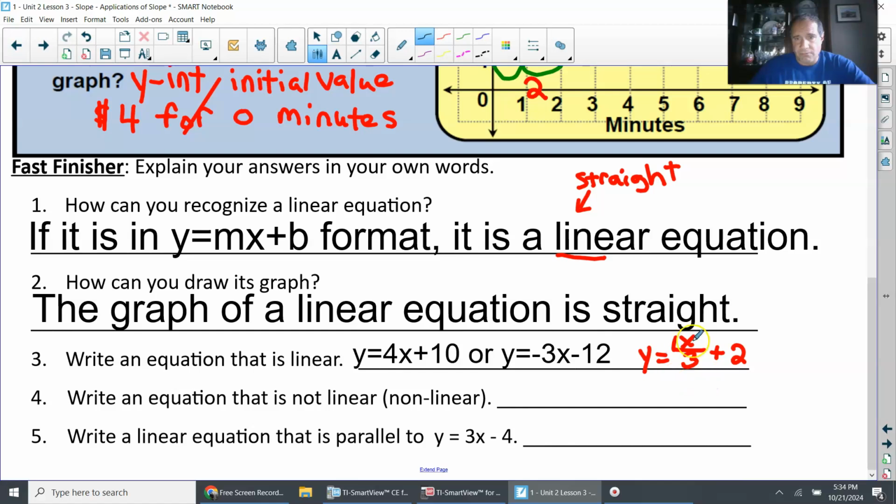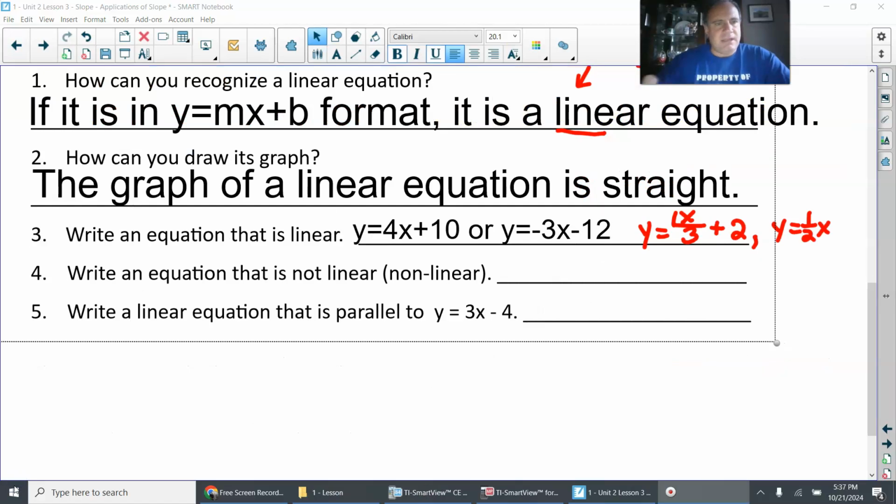This is 1 over 3x. So you could have y equals 1/2 x as a direct variation. As long as it's in y equals mx plus b, it is linear, straight. So anything that is not y equals mx plus b is non-linear.